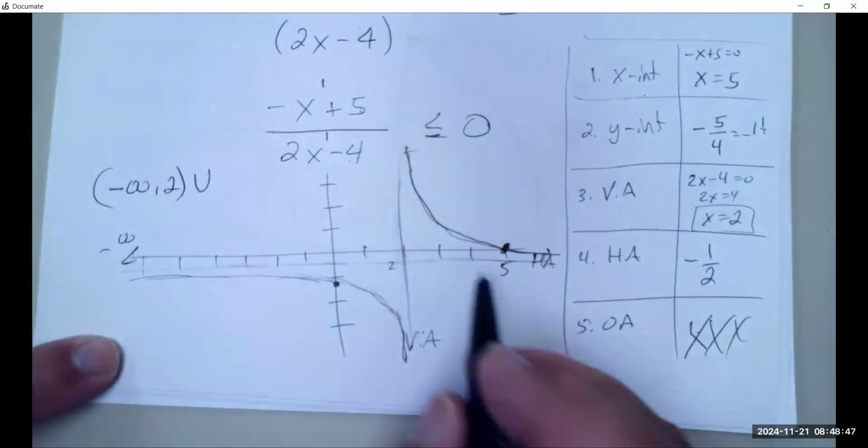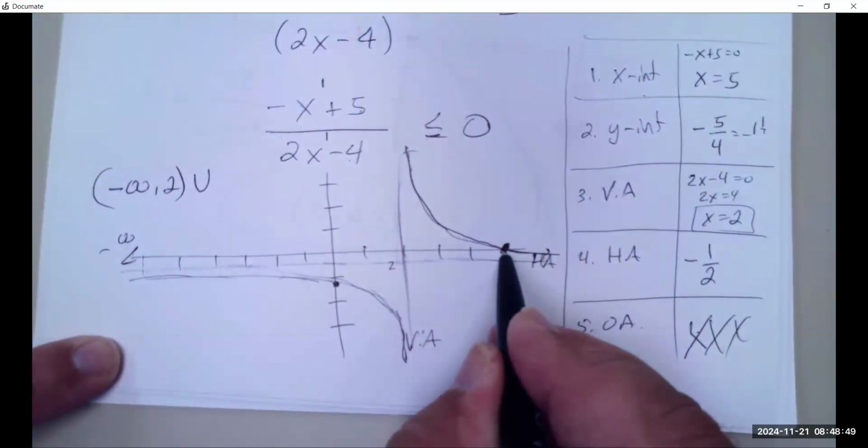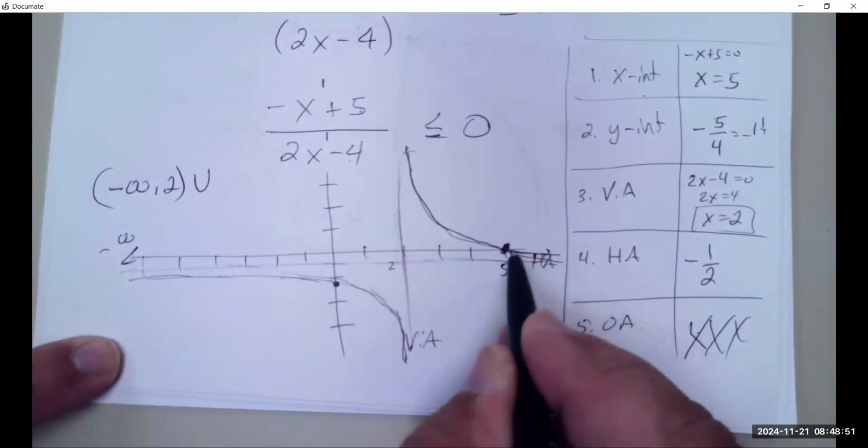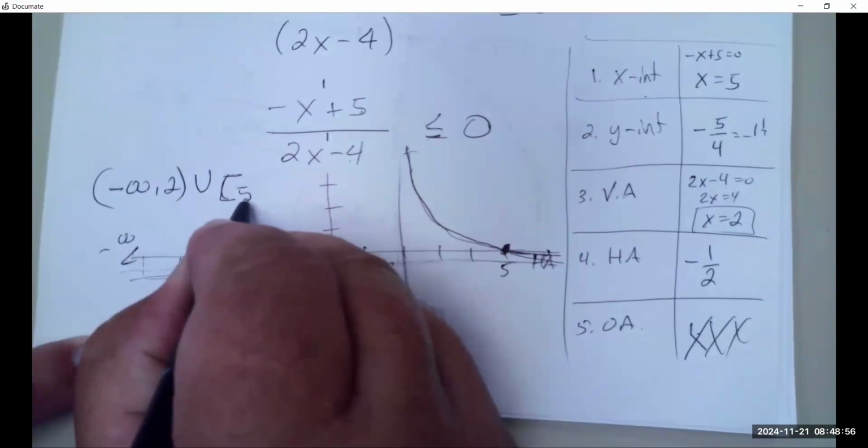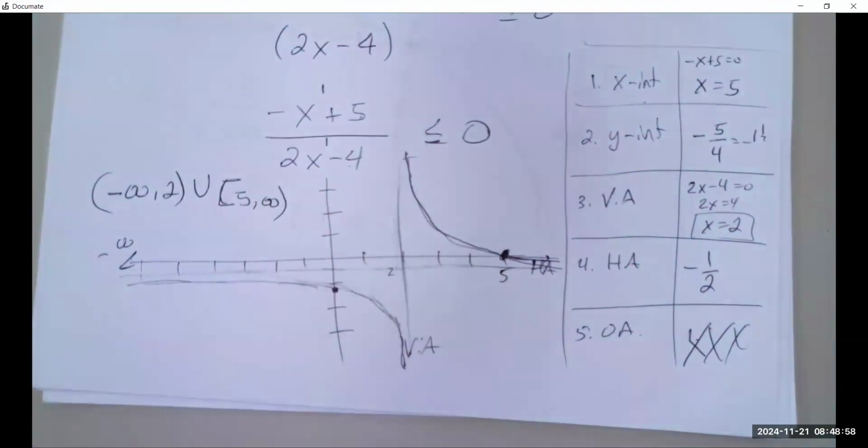And then it's right here from the 5 on out to infinity. It's below the x-axis. So it's from 5 to infinity, because I can use my intercept. I cannot use 2 because it's an asymptote.